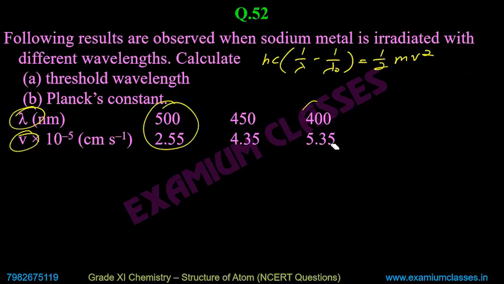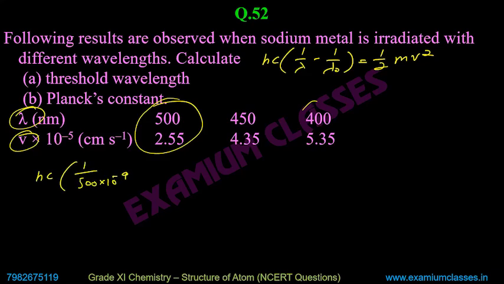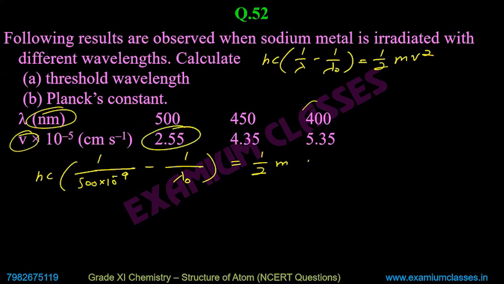So first I'm using this: hc, 1 by 500 into 10 power minus 9 because it is in nanometer, minus 1 by lambda naught, we don't know, equals half m v square. v is 2.55 into 10 to the power 5. Now, when we say 2.55 into 10 power 5, it is centimeter per second. We have to convert it into meters, so it will be 2.55 into 10 to the power 7 meter per second and then whole square.